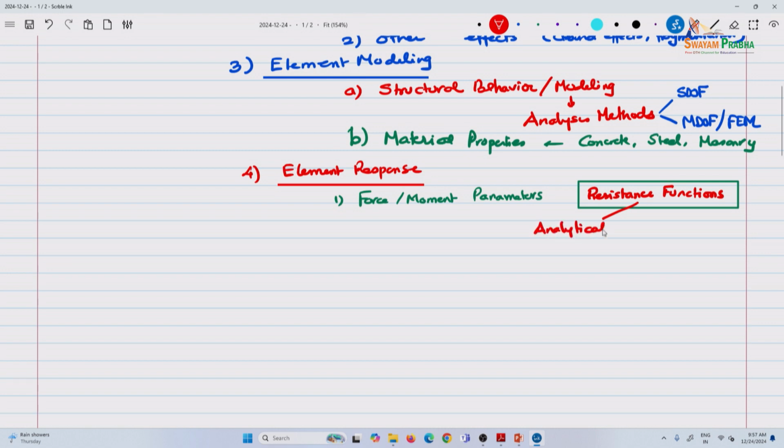Of course, the advantage of analytical is that it is general, but there are a lot of limitations, but this is the best you have and it is accepted to use. So you can actually calculate a response and say this is what it is going to be, or you can do experiments.